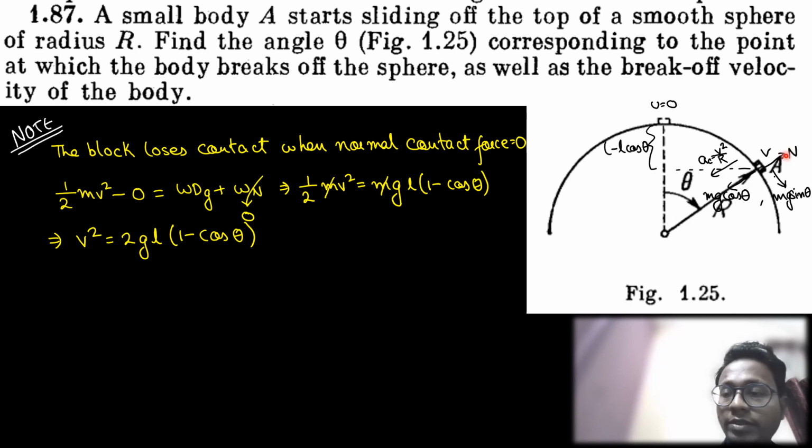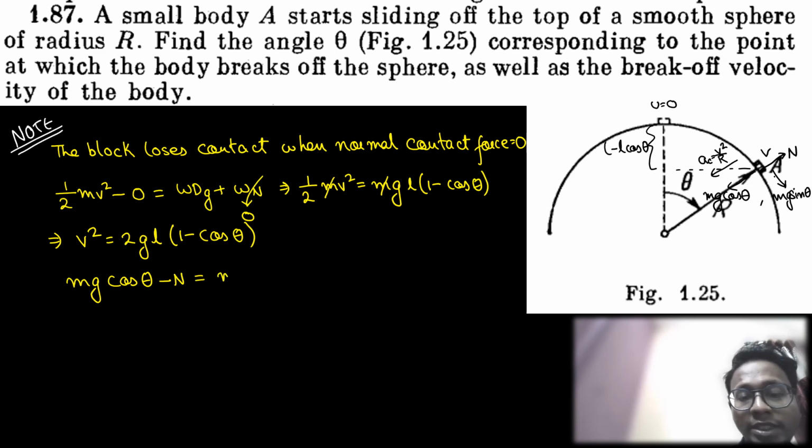So mg cos theta minus N is equal to mass into acceleration. And what is acceleration? v square by r, or mv square by r, which is nothing but the centripetal acceleration. So when the block breaks contact, the value of normal reaction force is equal to 0.